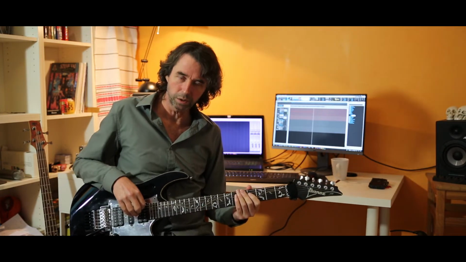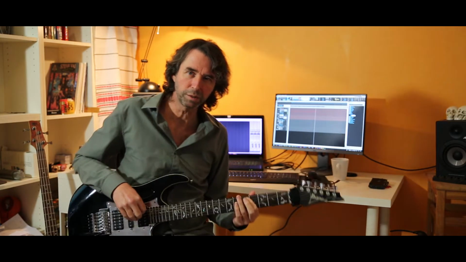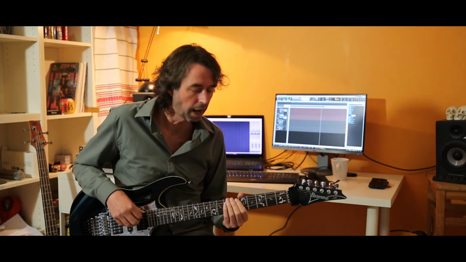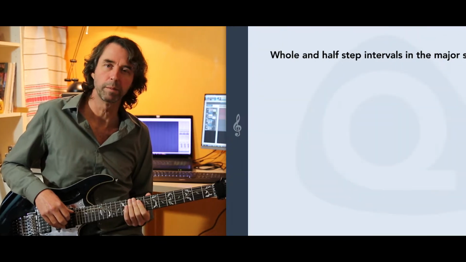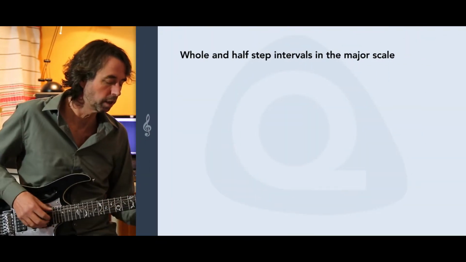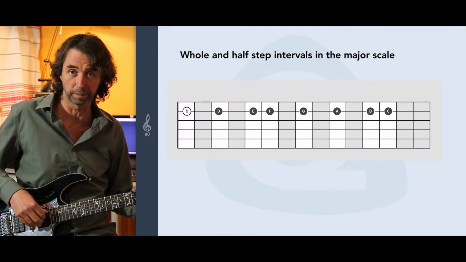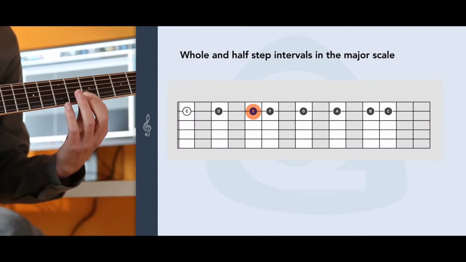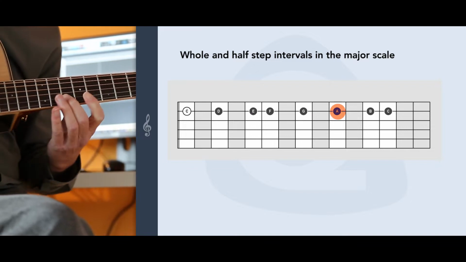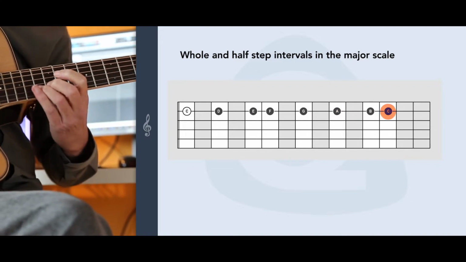The organization of whole step and half step intervals determines how a scale sounds. How those intervals are organized in a major scale, we can clearly see when we play a scale on one string. And it gets really visible.